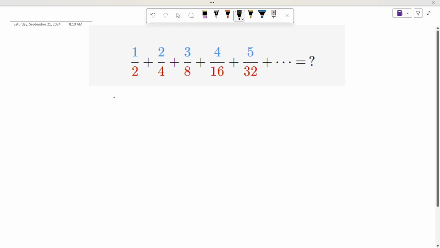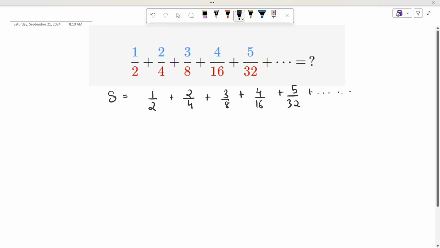So let's assume that we need to calculate the sum of the series that has terms 1 by 2 plus 2 by 4 plus 3 by 8 plus 4 by 16 plus 5 by 32, and this series goes on infinitely.